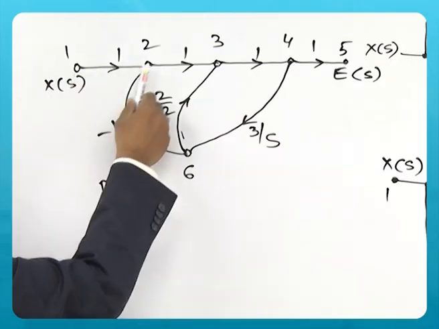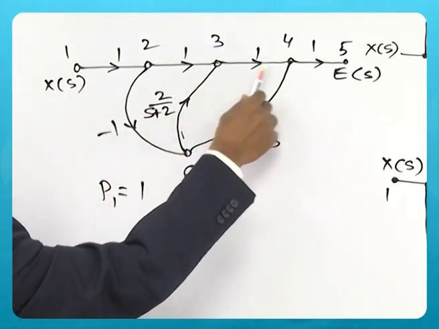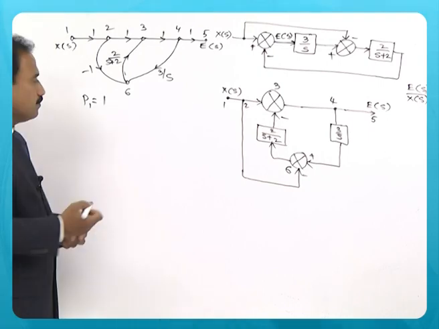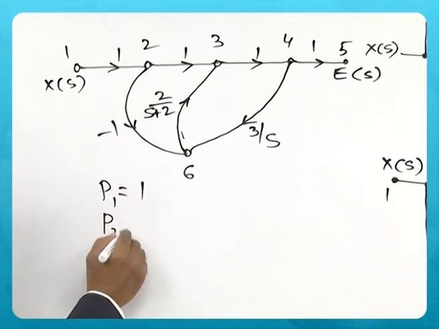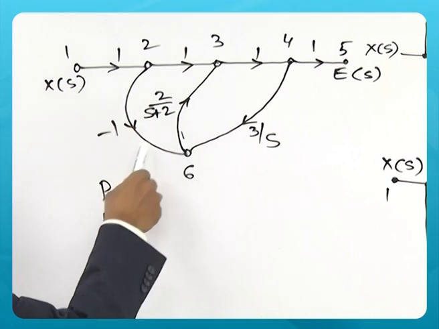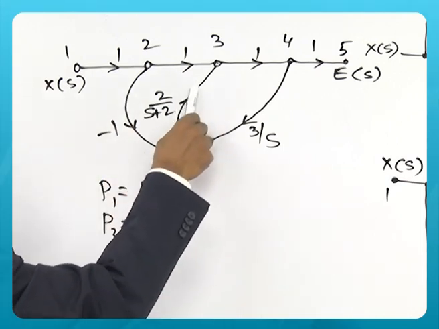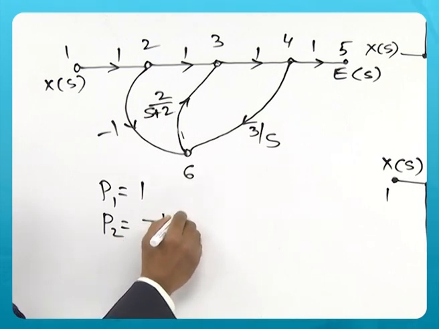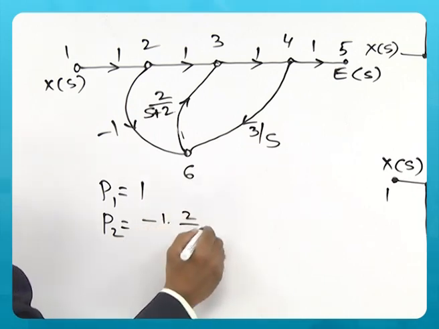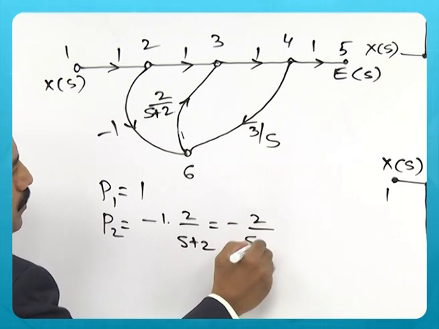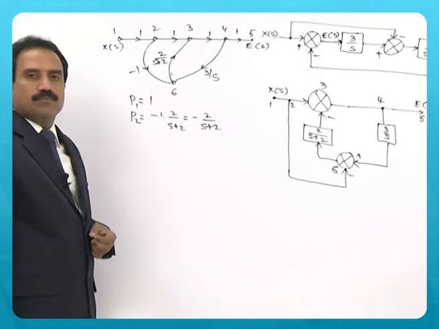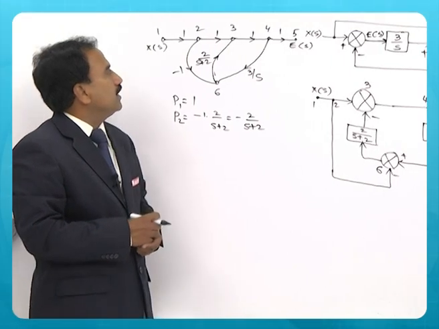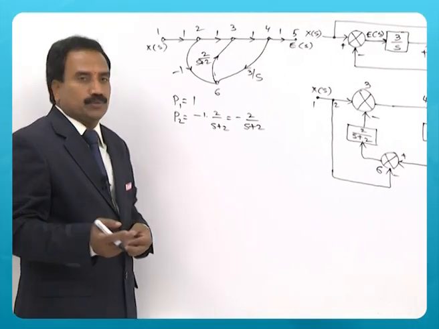No node is coming more than once. So the gain of that forward path is minus 1 multiplied by 2 by s plus 2, so it is minus 2 by s plus 2. That is the second forward path gain.